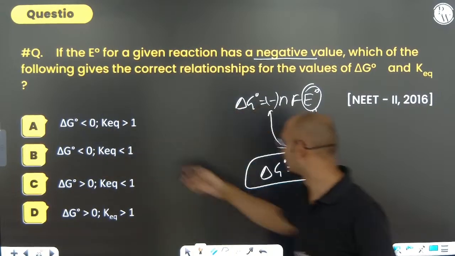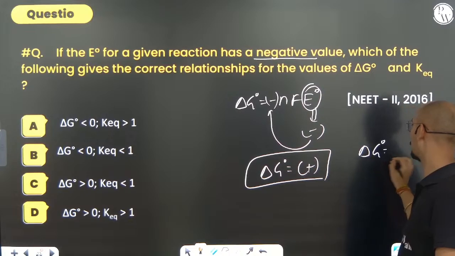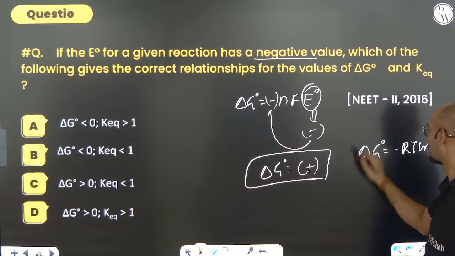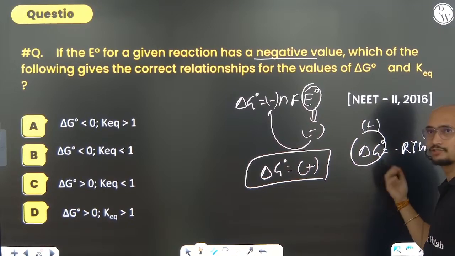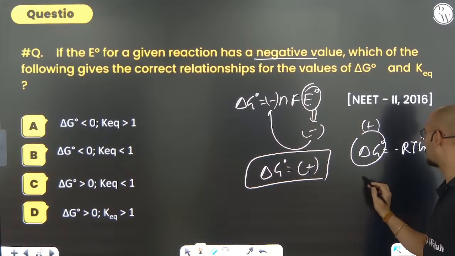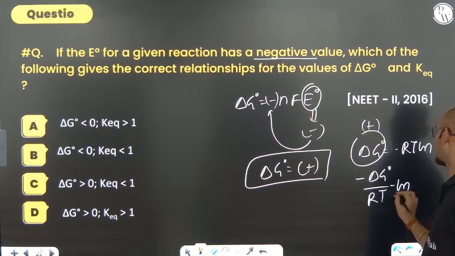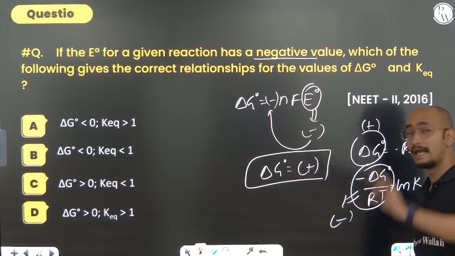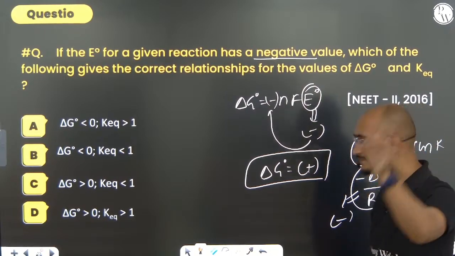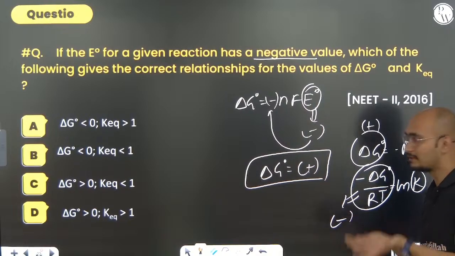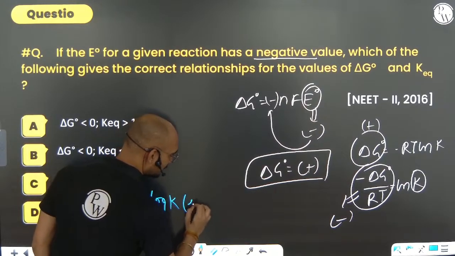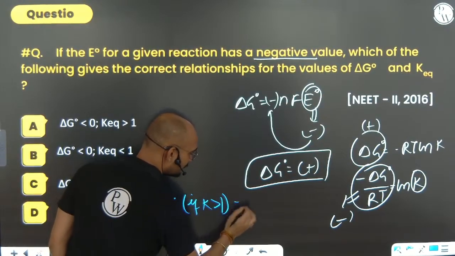Okay, so what about K? Let's find out. Delta G naught equals minus RT ln K. Because it is positive, negative, positive, negative, what can we say? This will be some negative value. We can say minus delta G naught by RT equals ln K. We all know that this is a negative part. And log becomes negative only when K is less than 1.